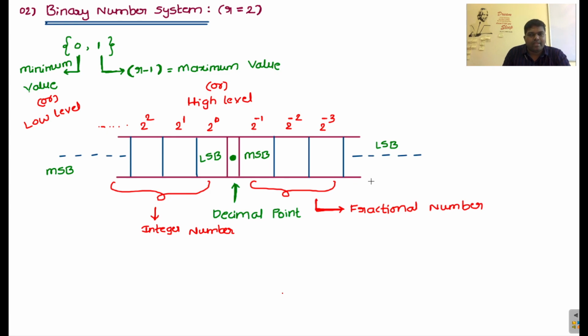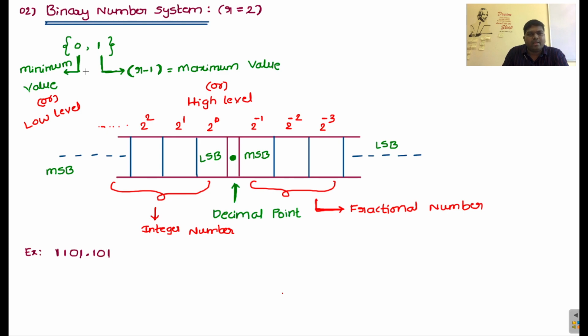Well, if you take one example here, 1101.101, this is your binary number. By seeing it only, we can conclude that it is a binary number. Why? Because if you consider the integer portion and fractional portion, we can observe only two bits, 0 and 1. 0 and 1 means that is simply the binary number system.